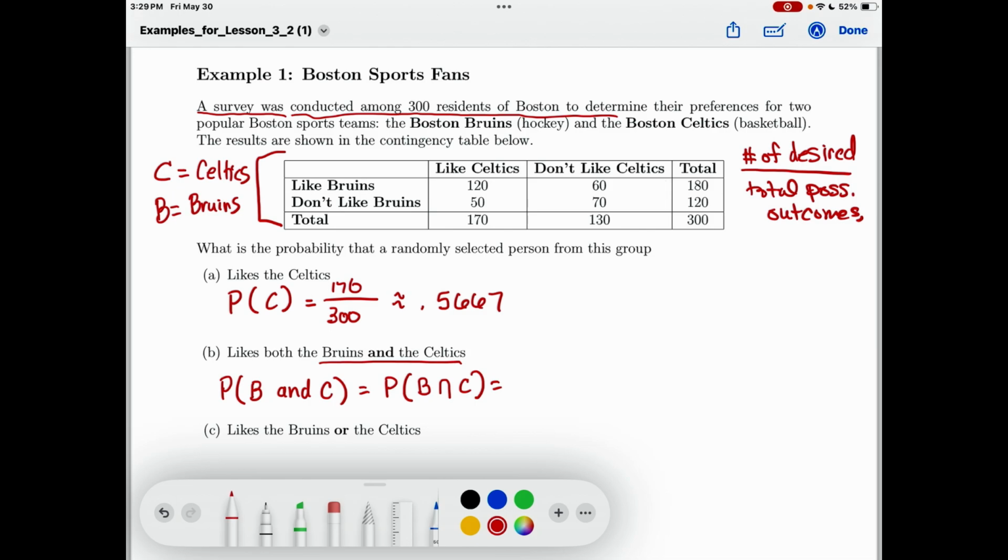So we want to look on the table and figure out how many people in this table like the Bruins and the Celtics, and then take that out of the total possible, which is 300. Now, when I look at the table, we have 120 people that like the Celtics and that like the Bruins. That's where they overlap. So that's going to be 120 out of 300. And when we put that in decimal form, that's going to be 0.4.